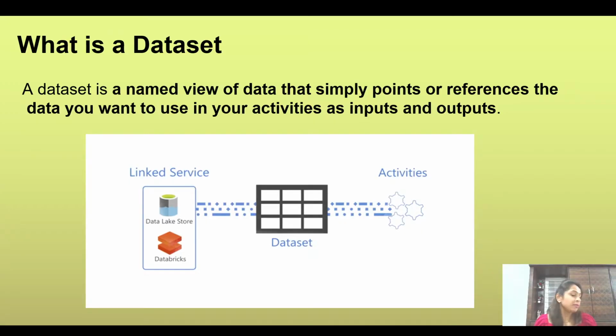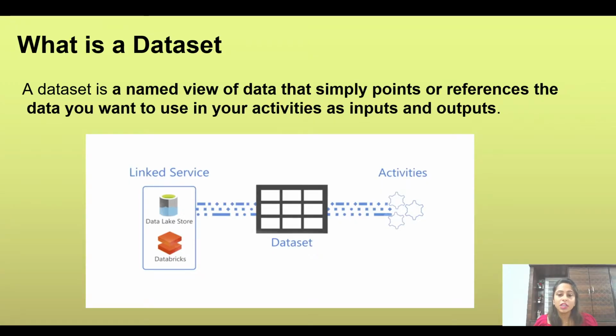So let's say I am saying that please go to Databricks. Let's say my Databricks is my source. I have to take the data from Databricks. Let's say I have to run a notebook from Databricks, right? In that case, the linked service is actually the connection to the Databricks, and the pointer to my exact location of the notebook inside Databricks is the data set.